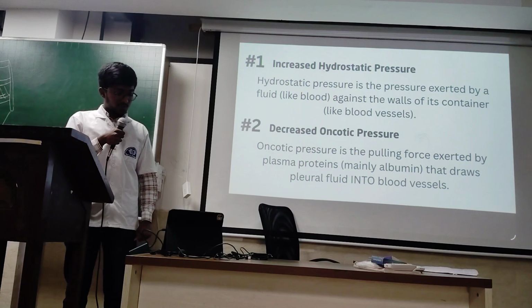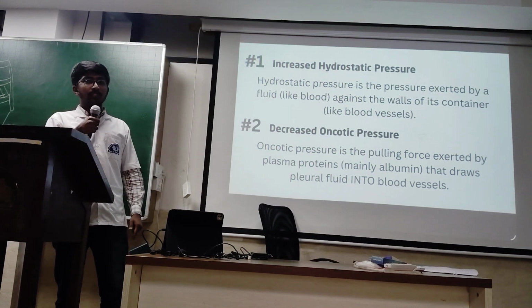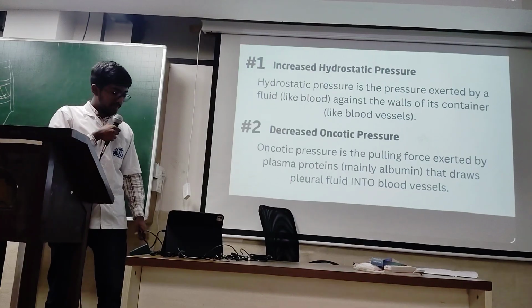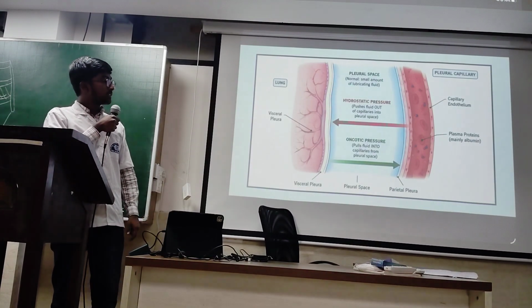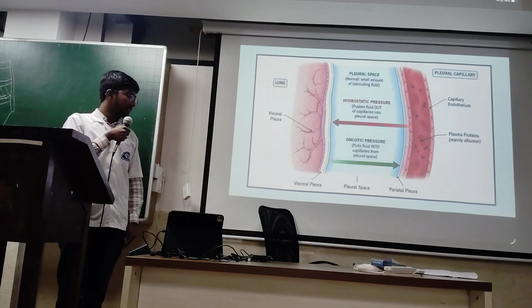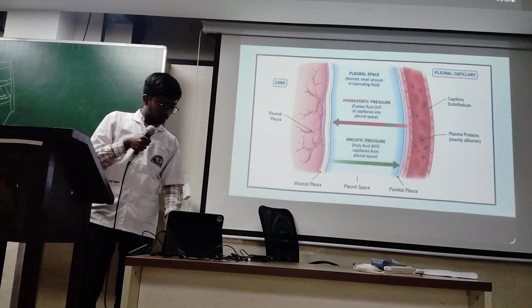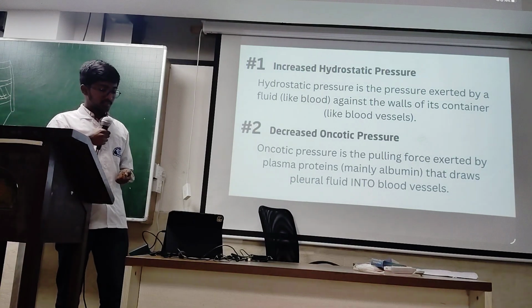Then we have the oncotic pressure. Oncotic pressure is basically the osmotic pressure which is due to the proteins present in the capillaries. So the proteins present in the capillaries create a suction pressure which pulls the fluid into the capillaries from the pleural space. So these two mechanisms are also called Starling forces.